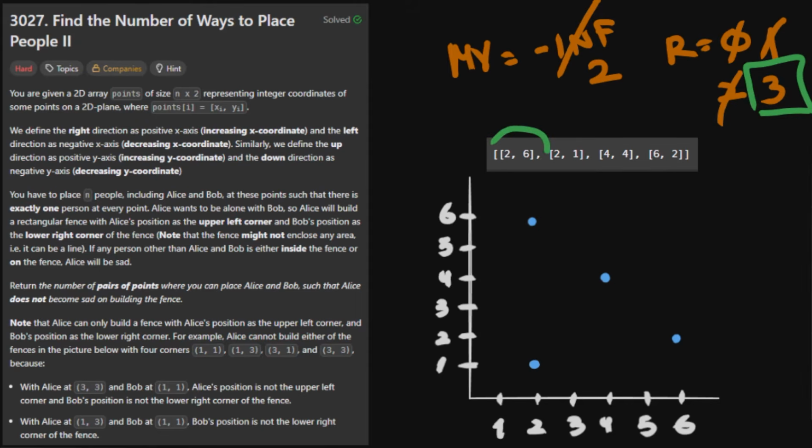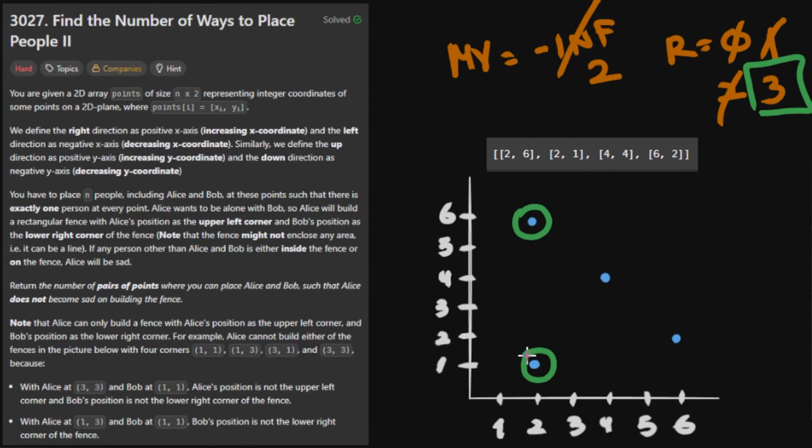So basically from each point we are checking every possible pair. So when we are here, we check this pair and this pair. When we are here, we check this pair. And every time we want to keep track of the accepted bounds for the y-axis. When we are here, for example, the accepted bound goes from 6 to minus infinity.